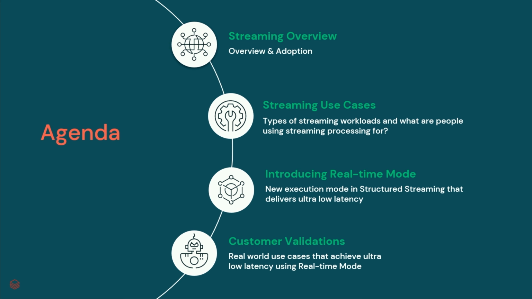And also we give a bunch of use cases that we tested with customers, and how much latency they were experiencing before in the previous system versus how much latency they are getting in the RTM system. That will be depicted in the final customer validation section.